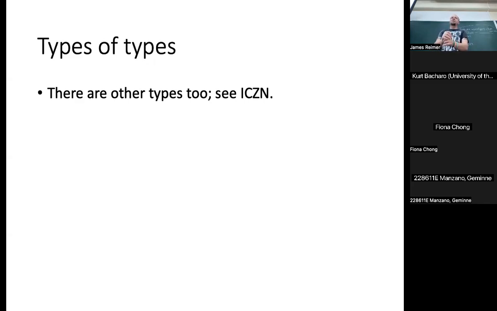So in new papers, you don't need to designate syntypes? No, you should not. A syntype is a definition for describing species when people didn't designate types at all, basically. No holotype.